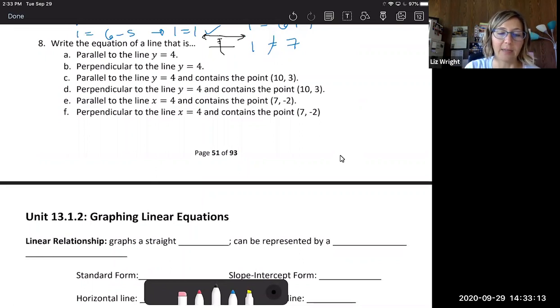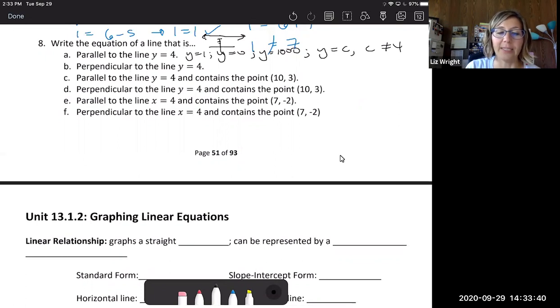And it says a line that's parallel to y equals 4. Well, what's another line that's parallel to y equals 4? Y equals anything. It could be y equals 1, y equals 0, y equals 1,000. Y equals anything but 4. So y equals c as long as c cannot equal 4. So it's just going to be another horizontal line.